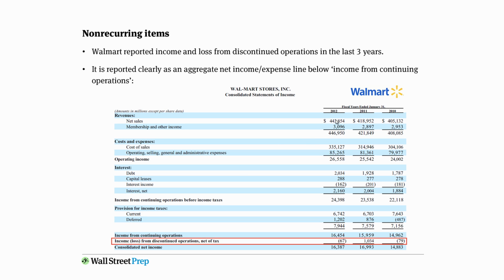So we have Walmart's revenue, cost of goods sold, interest expense, taxes, all the way down to continuing operations. Notice this line item called income from loss of continued operation, from discontinued operations, represents a net aggregation of revenues, net of expenses for entities that are no longer lumped into revenues and expenses here.